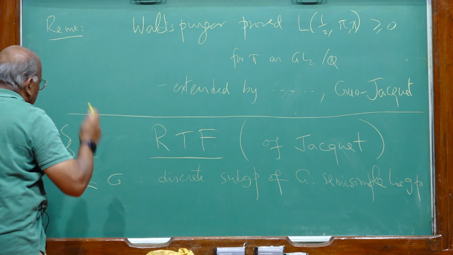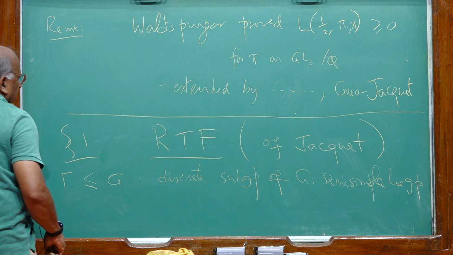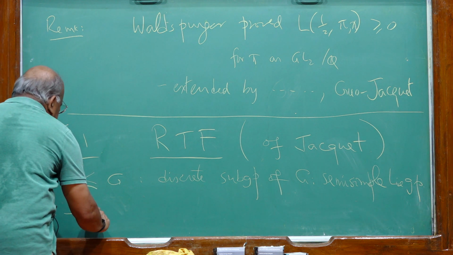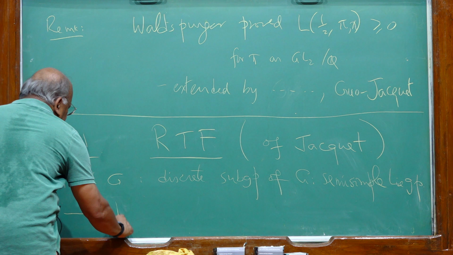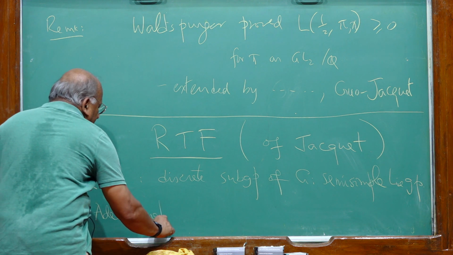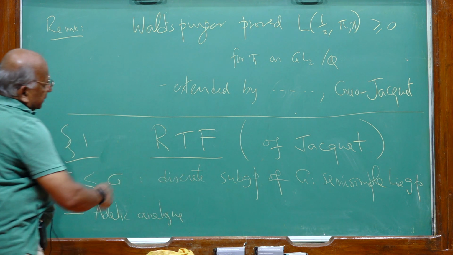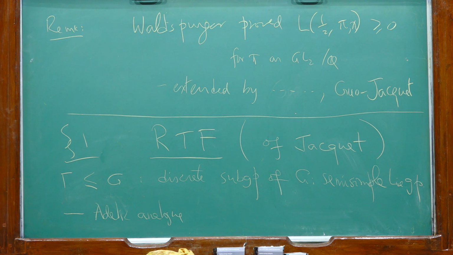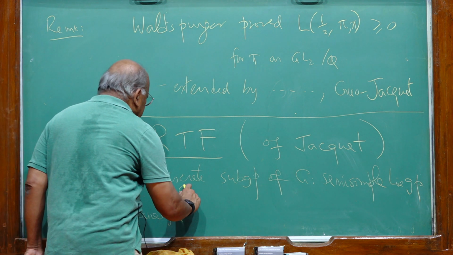And then there's the adelic analog. But to have the adelic analog, you have to look at discrete groups of congruence type. So I will assume congruence type.